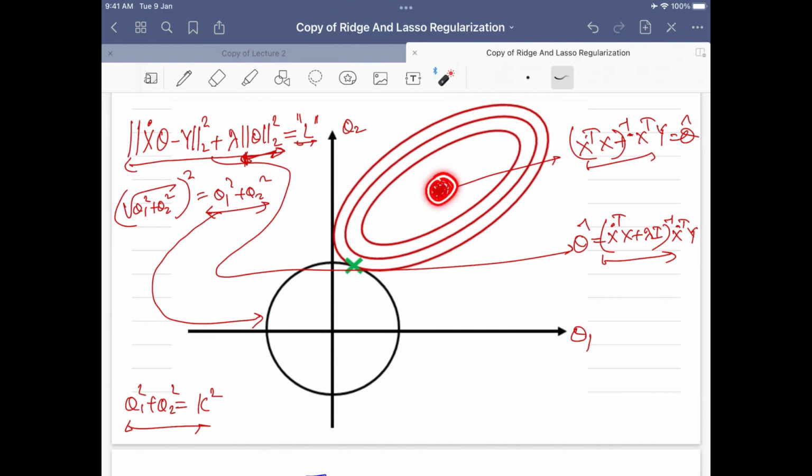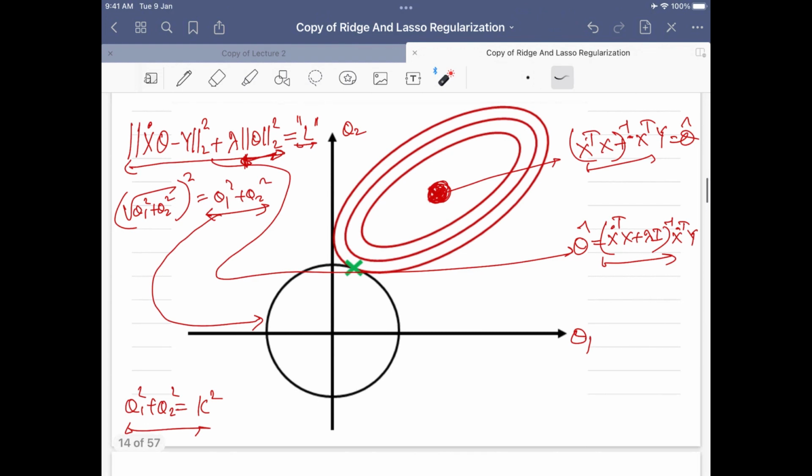Now this estimate has moved to this point, and the movement happened because of the regularization parameter lambda, which tries to control these two cost functions separately. Lambda is trying to balance between the two curves, this one and this one. So this is the point where you will get the value of theta star. This is again giving you a pictorial representation of the solution that you will get by solving these two equations. Any questions here?